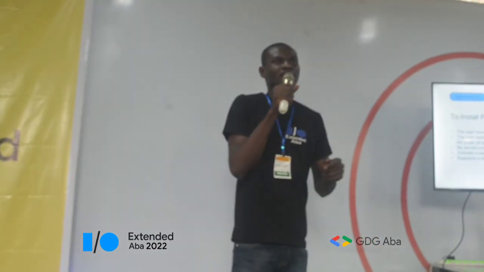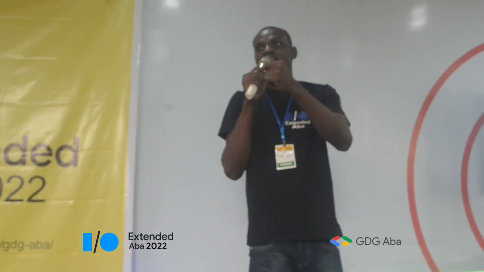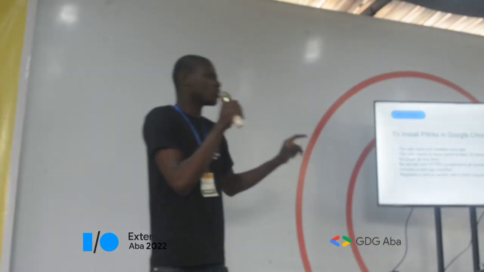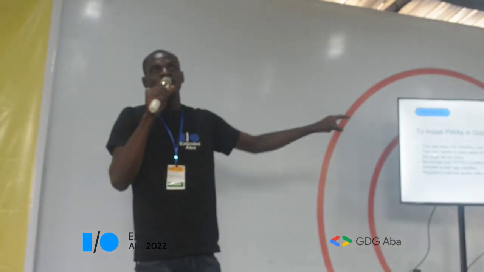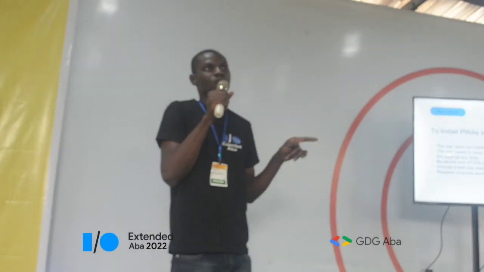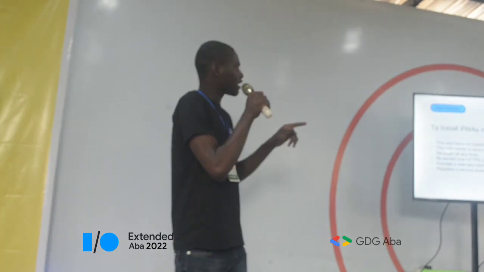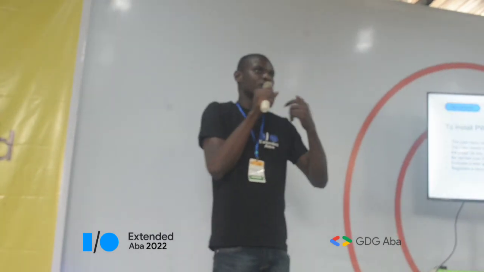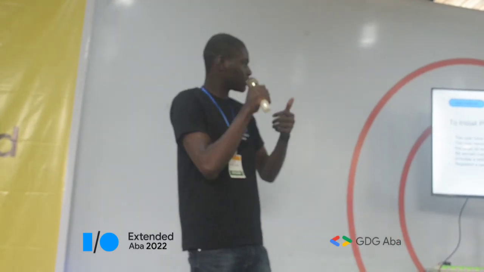So for the Chrome browser, I made mention of the criteria that have to be met before these apps can be installable on your phone. For Google Chrome, the criteria include that the user has not installed your app before. And also the user needs to have spent at least 30 seconds viewing your web page.